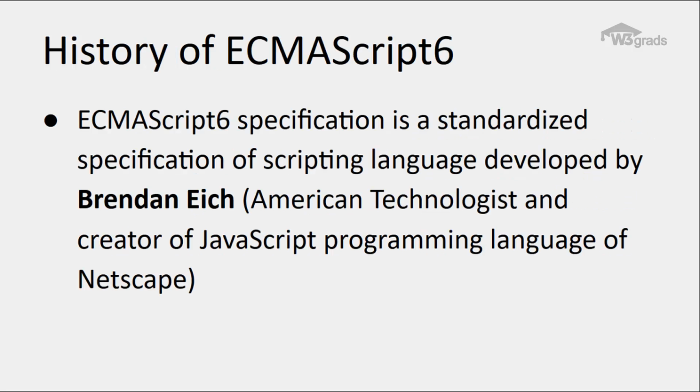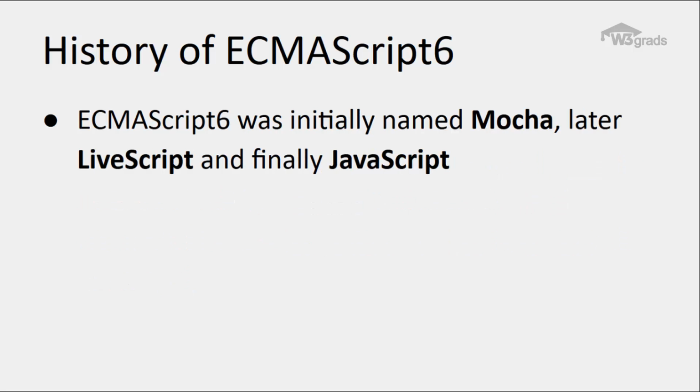The ECMAScript specification is the standardized specification of a scripting language, which was developed by Brendan Eich, who is an American technologist, and the creator of the JavaScript programming language at Netscape. Initially, it was named Mocha. Later on, it was named LiveScript, and finally, JavaScript.